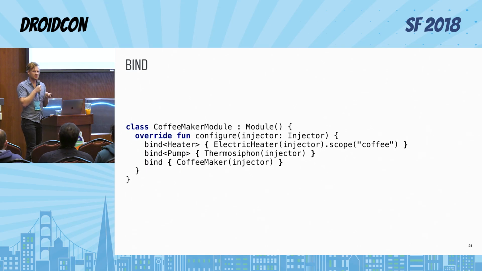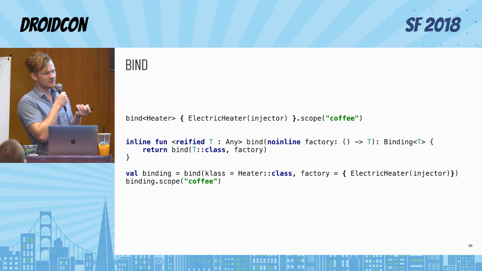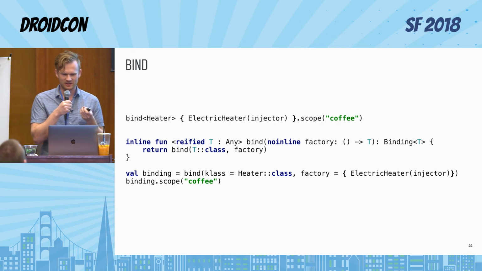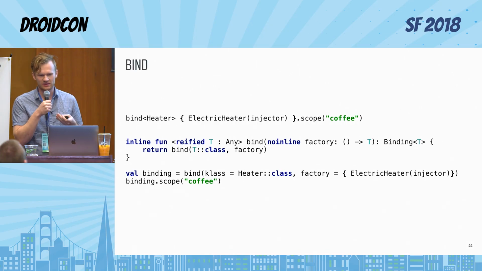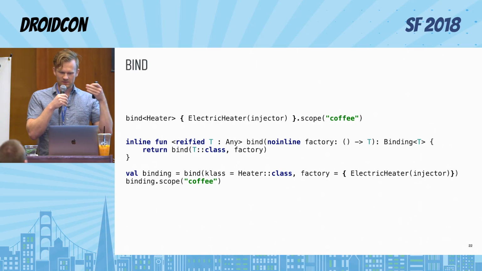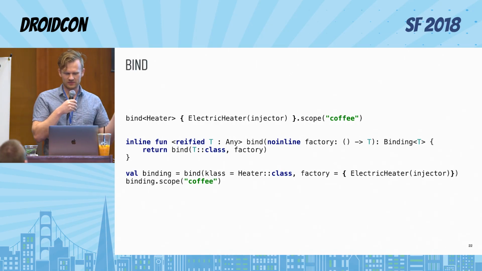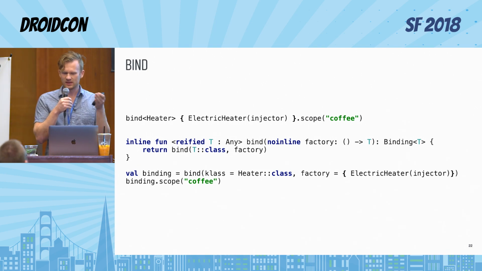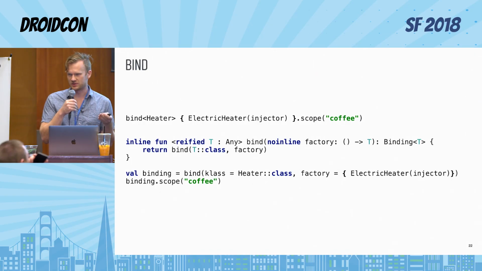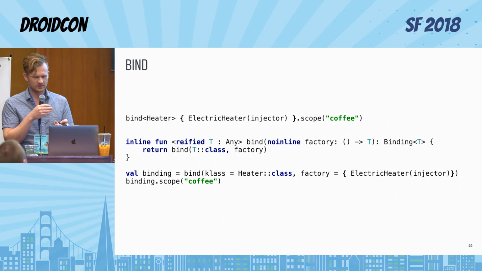Now let's do the same exercise for the bind method. Similar technique here. Bind is actually an inline function, and the full version of it will look like a bind call, then we supply our class name, and then we supply a factory method to resolve the instance. And in addition to that, we can specify that this particular binding needs to be scoped.